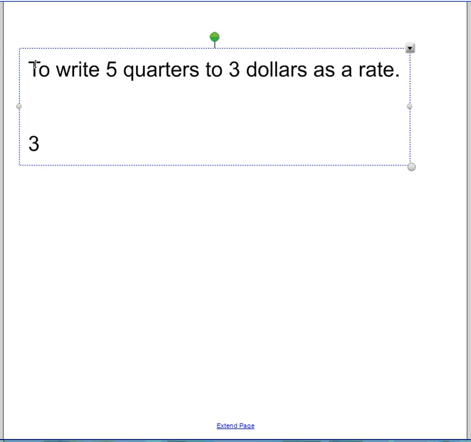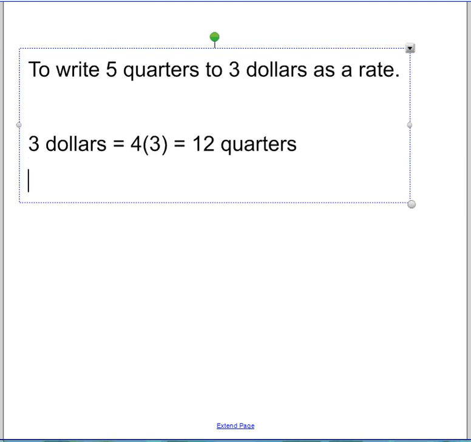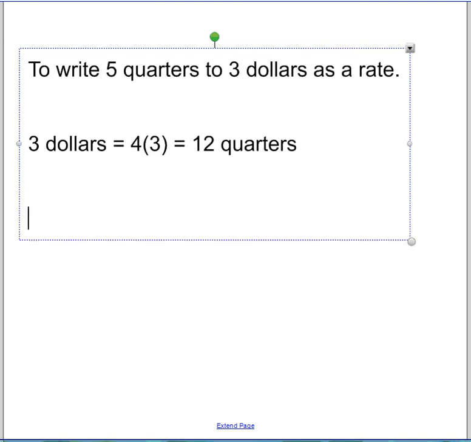So we have $3, and that's the same as 4 quarters for every dollar. So 4 times 3 equals 12. So $3 is equivalent to 12 quarters. And so our ratio then could be 5 quarters to 12 quarters.